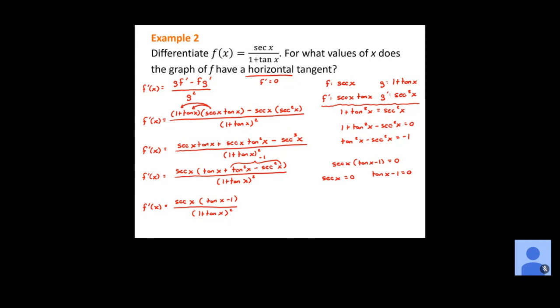The easiest way for me to think about this is to think about the graph of secant. So think back to your graph of secant. Where does that graph cross the x-axis? So I'm going to switch to Desmos.